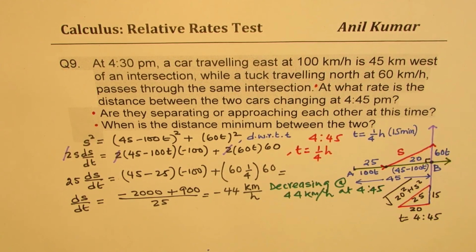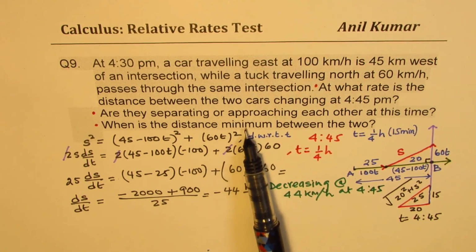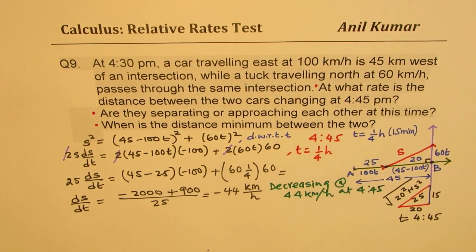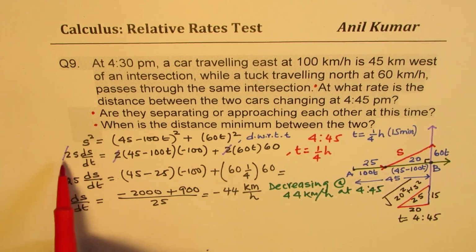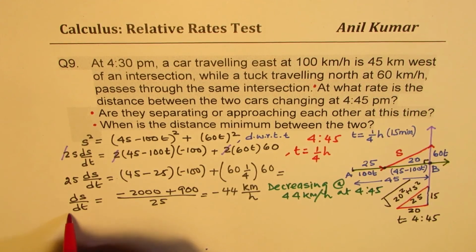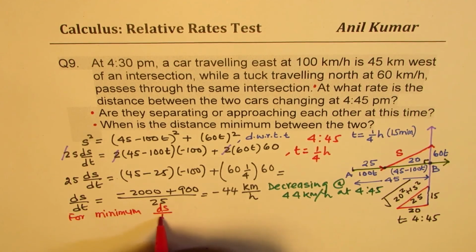Now to verify whether it is really decreasing or not, let's do the last part, which is when the distance is minimum between the two. How do you work out the minimum distance? For minimum, the rate of change should be 0, so ds/dt should be equal to 0.